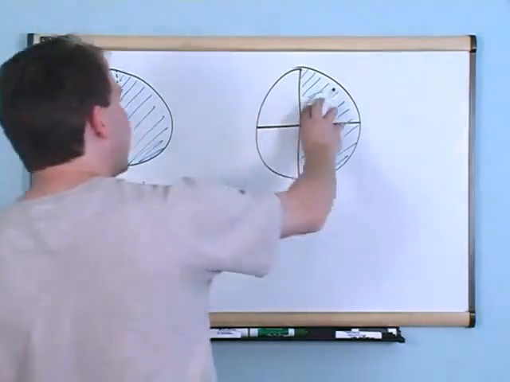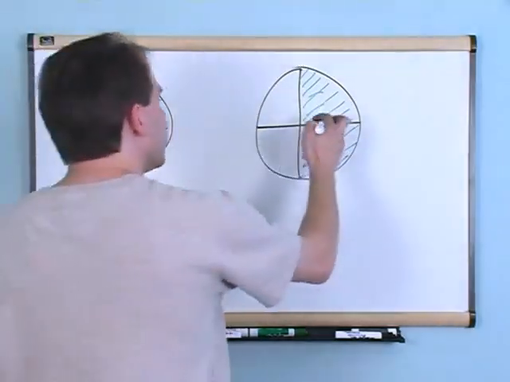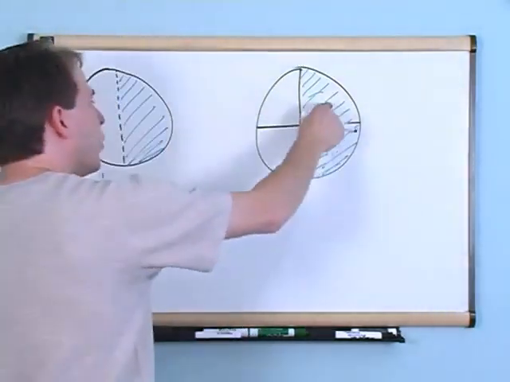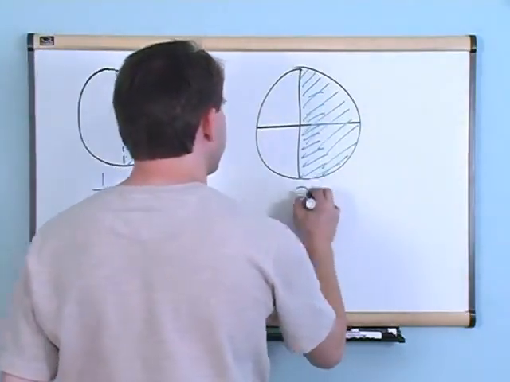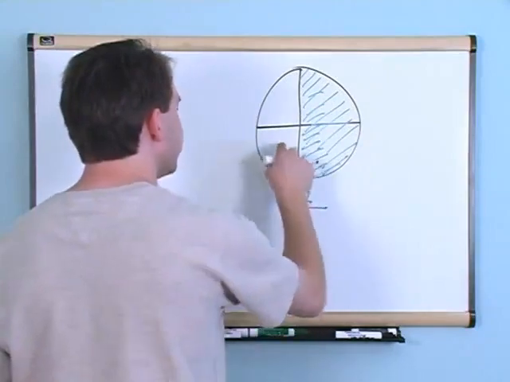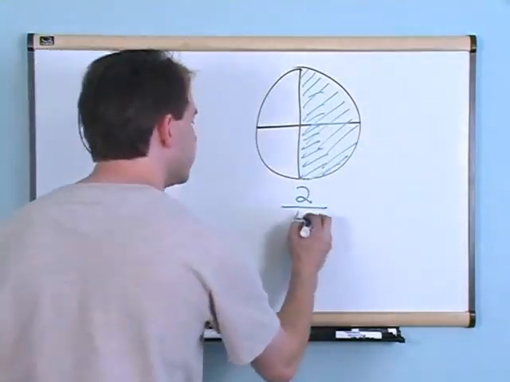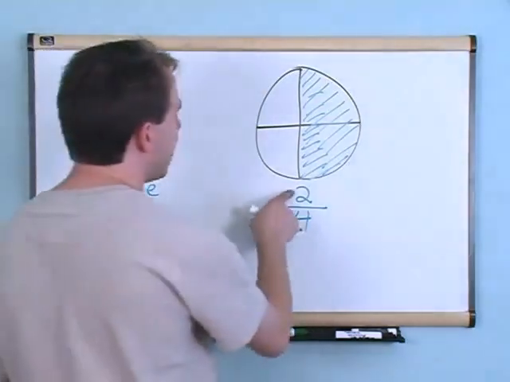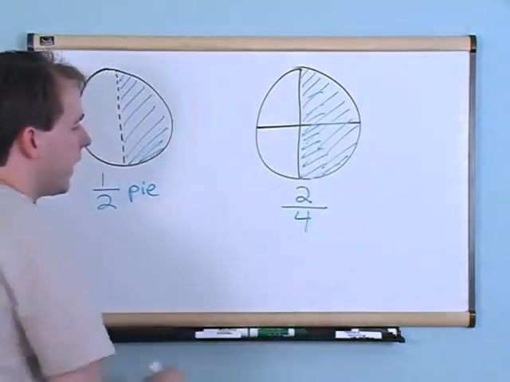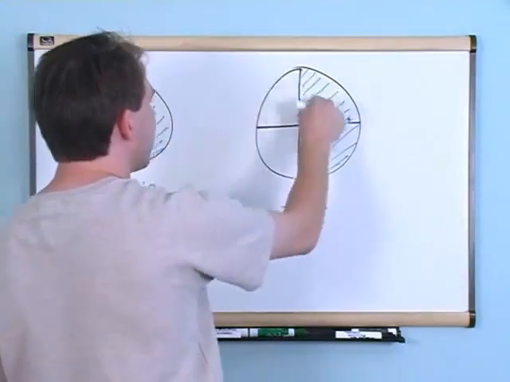So how much have I taken away here? There were 4 pieces, and I took 2 of them. So I took 2 pieces, 1, 2, out of 1, 2, 3, 4 total pieces. That is a fraction. So anytime you write a fraction down, the top number is how many pieces you have, and the bottom number is how many total pieces there are, period.